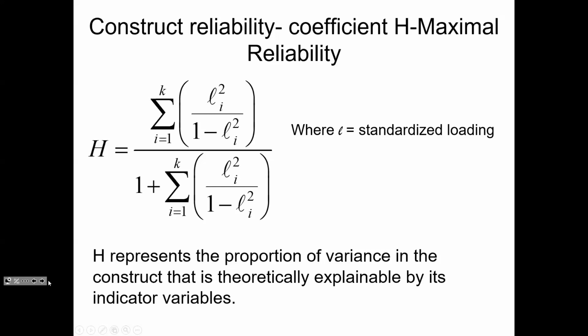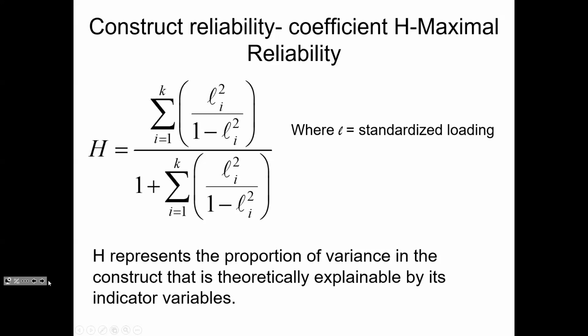Yeah, I'm just saying, if you take 0.99 squared divided by 1 minus 0.99 squared, think about that. It's something really huge, right?